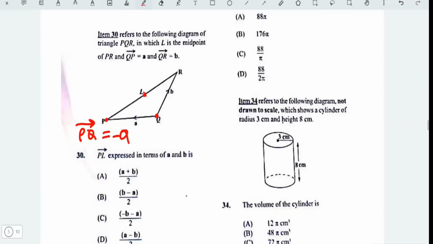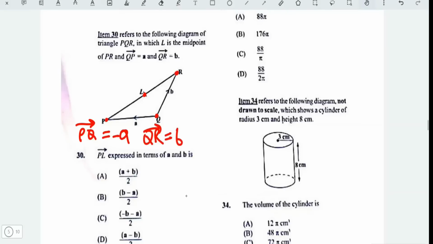And as we can see right here, going from Q to R is B. From here to here is B.